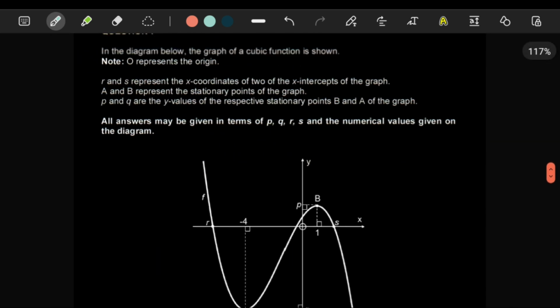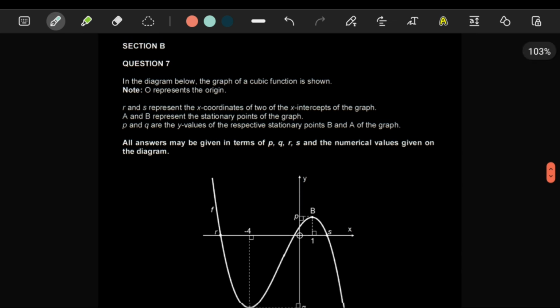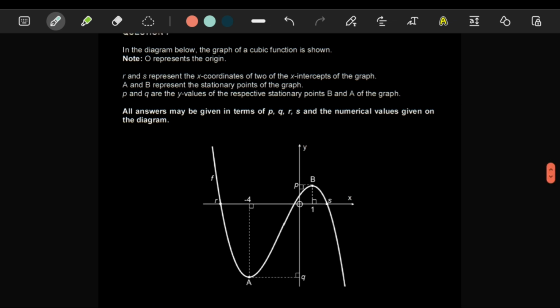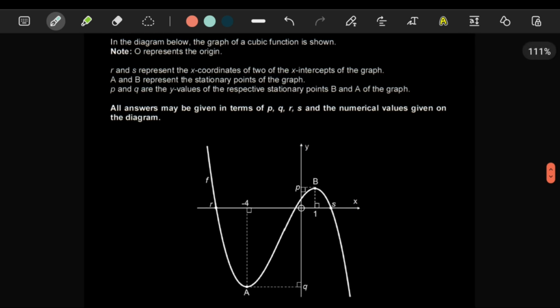Anyways, what is happening here? It says, in the diagram below, the graph of a cubic function is shown.